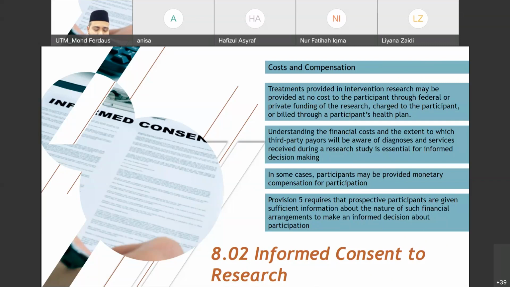So we should not ask them to pay. We should not charge them, or even charge their medical card or their insurance. Understanding the financial cost and the extent to which third-party payers will be aware of diagnosis and services received during a research study is essential for informed decision making.